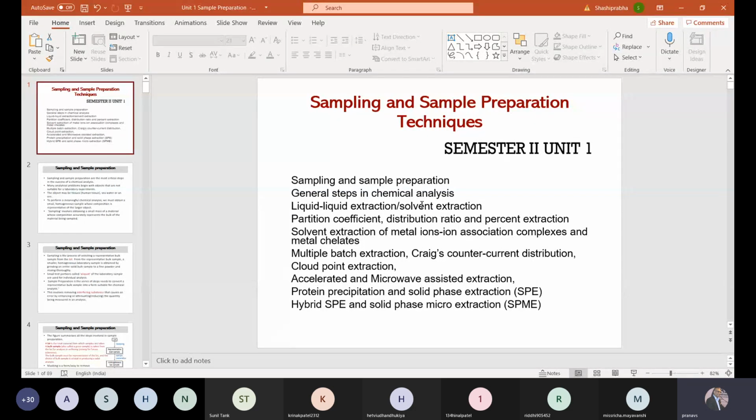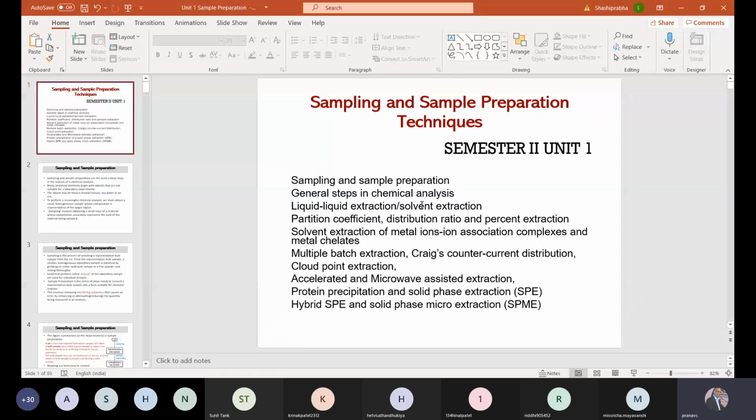Now, sampling and sample preparation have a special place in analysis, basically because if the sampling is not proper or the sample preparation is not correct, then the desired results may not be obtained using any known technique.